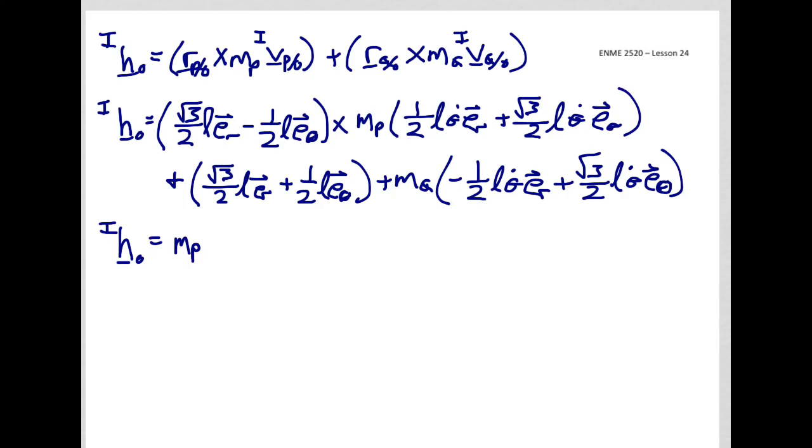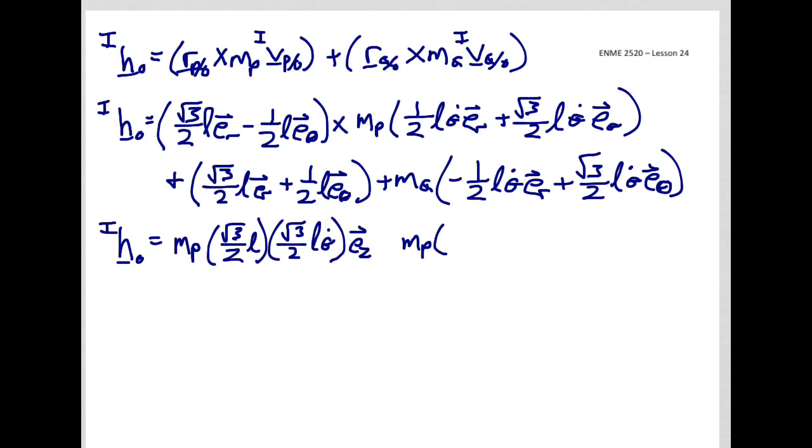We write out the expression, so we get the magnitude square root of 3 over 2 L multiplied times square root of 3 over 2 L theta dot, and r cross theta is in the EZ direction. And then we have our mass again, and we're going to take our theta term and cross it with r.